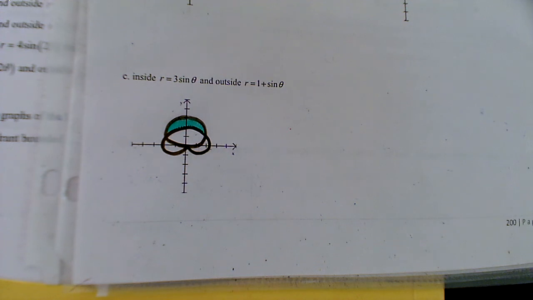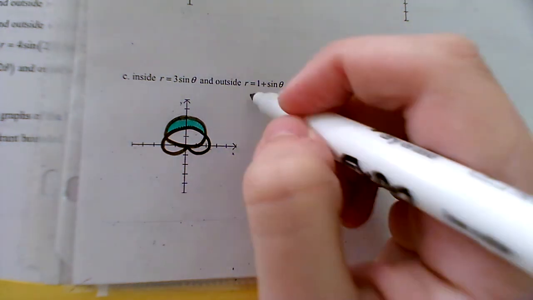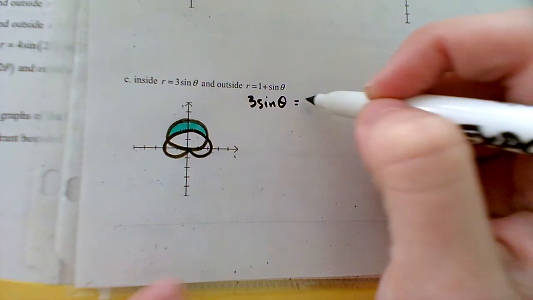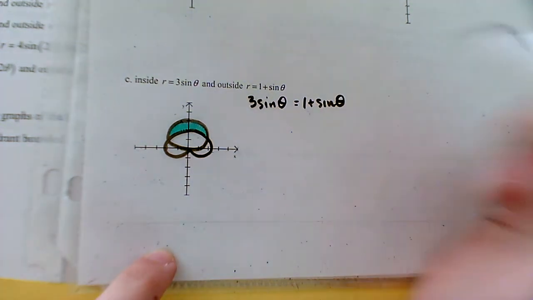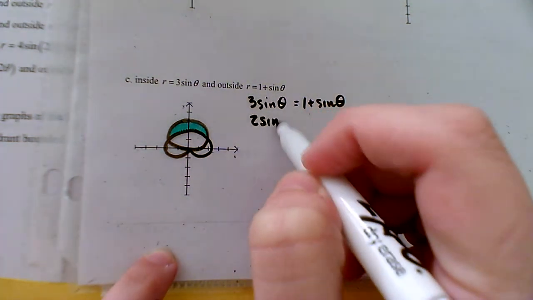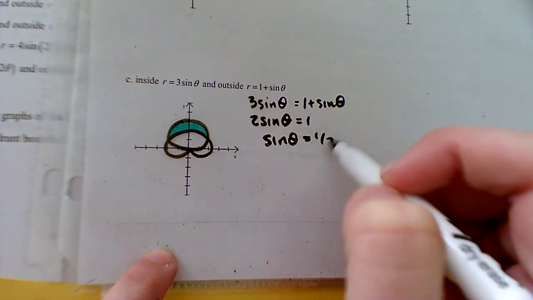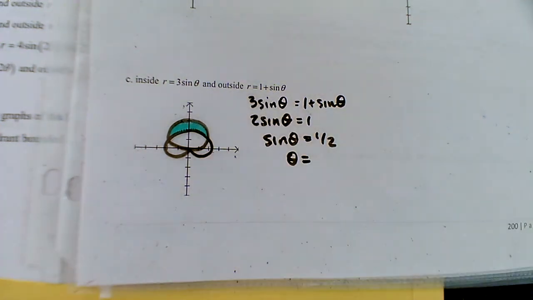What might be useful to know? The intersections. All right, so 3 sine equals 1 plus sine. We can subtract a sine, divide by 2. When does sine equal a half?